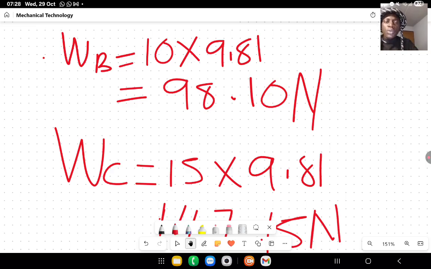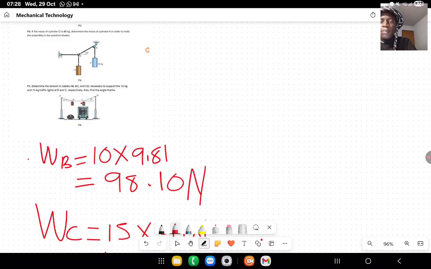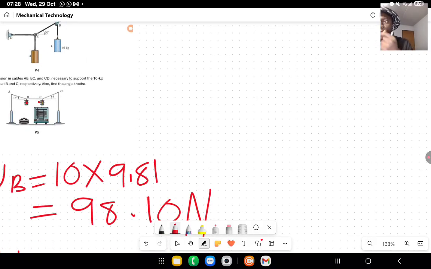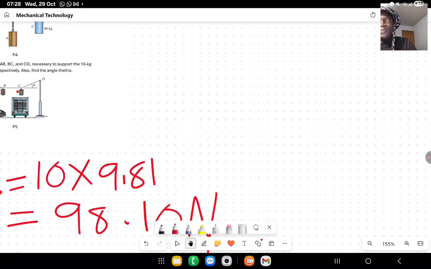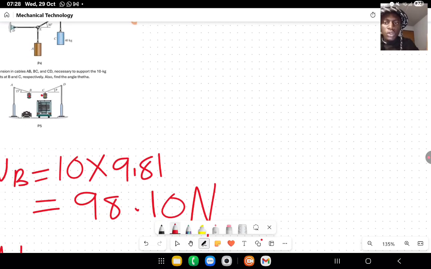Okay, number 2, we are going to join the equilibrium at B. We are going to join the equilibrium forces meeting at B. Okay, when we draw the free body diagram, we are going to join BC. Therefore, our free body diagram is like a dot. Here we have joined BC. Therefore, it goes like this. Our B, then it goes like this.